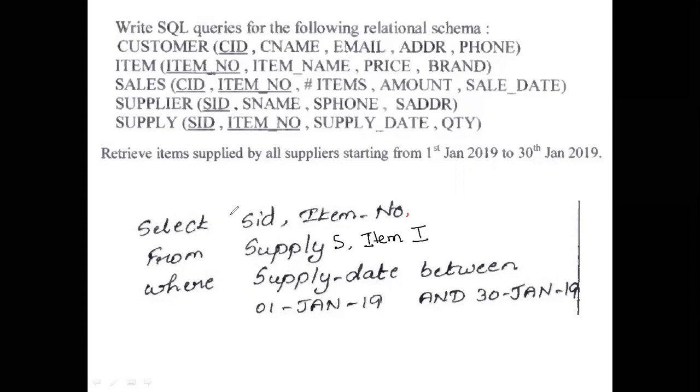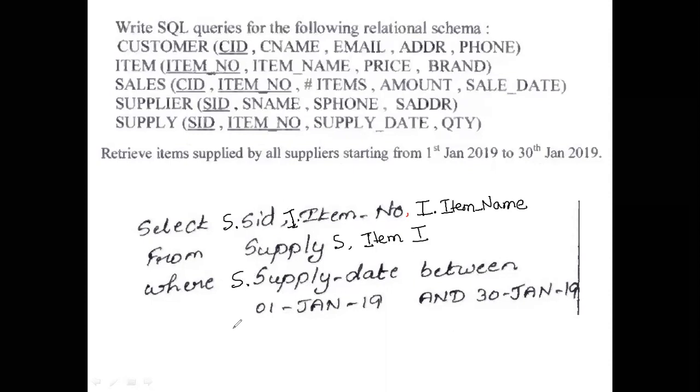So here S dot item number, then I dot item number, then I dot item name, and S dot supply date is between this and this.